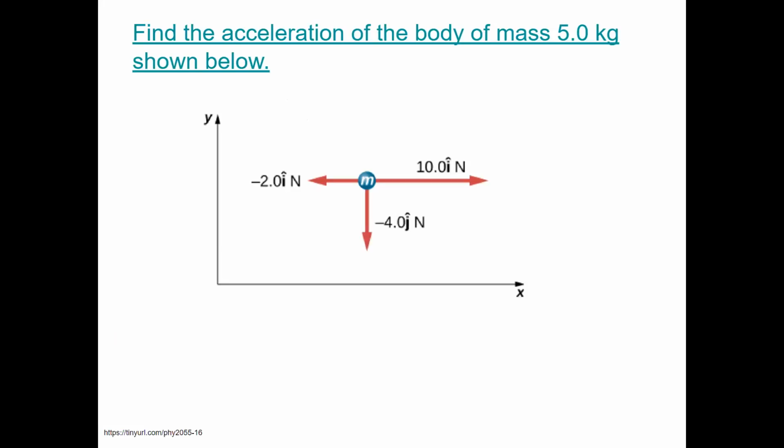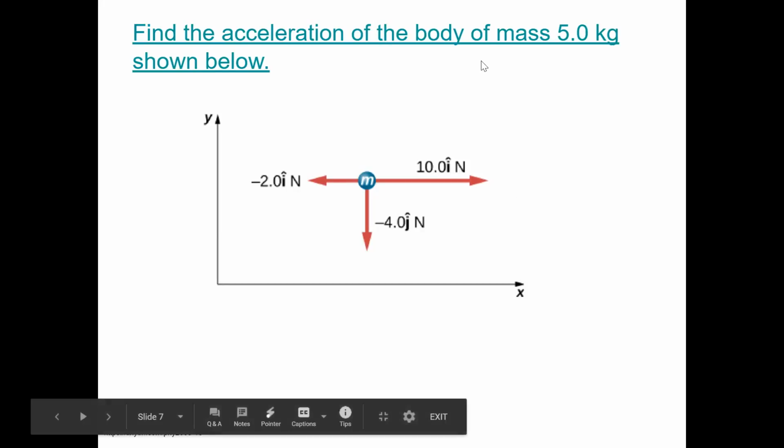You can use the x and y components, expressing the acceleration as a equals ax times i plus ay times j. You need to solve for ax and ay. Or you can do the magnitude and direction. Either way, give it a try, and then you can submit your answers by clicking on the problem here.